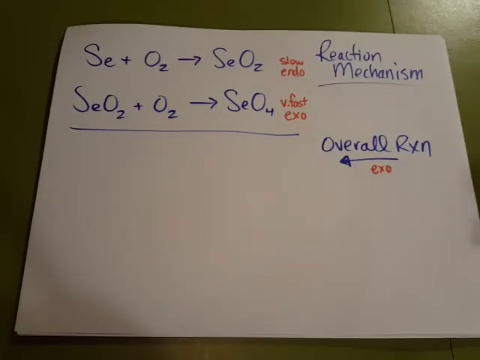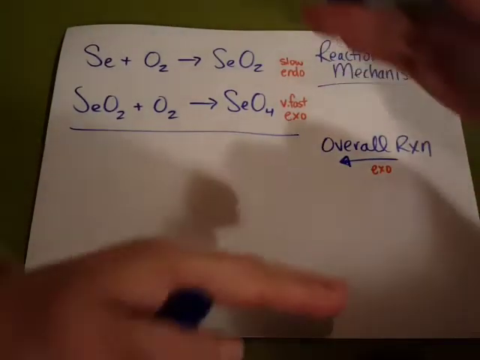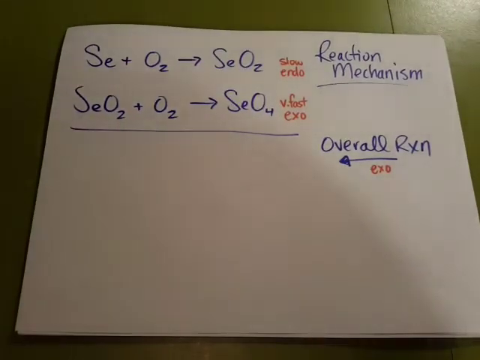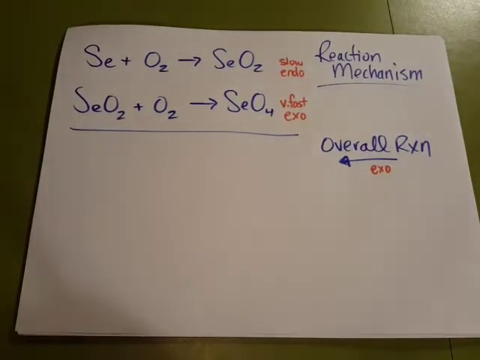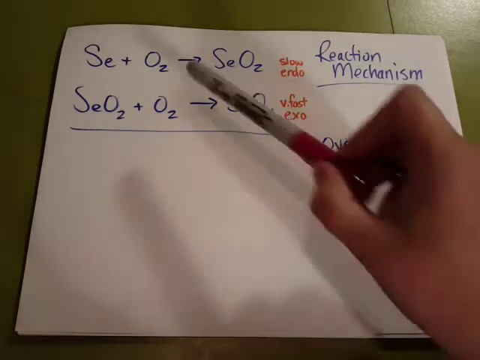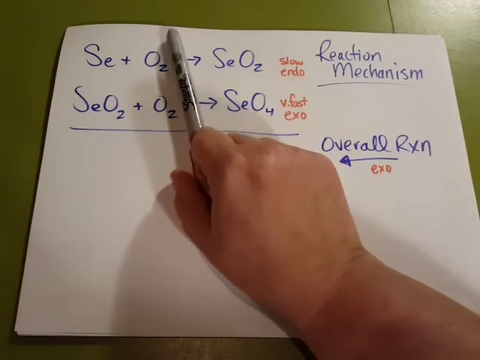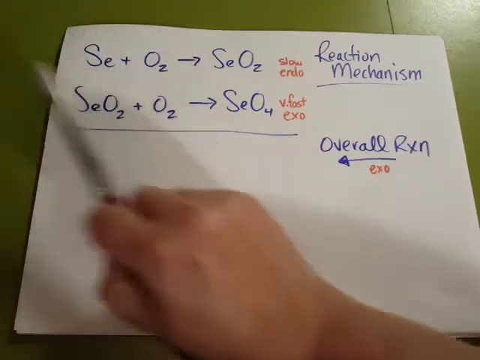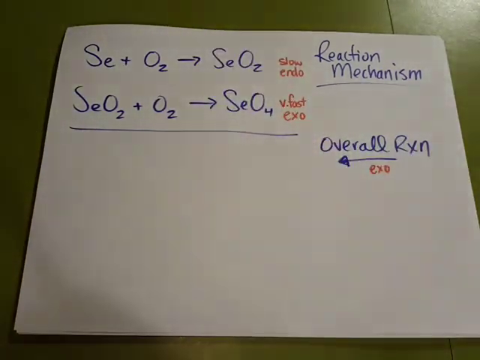So our job is to almost squeeze it down, gather like terms, if you want to think about it as algebra, and cancel out some things. Certainly this arrow is a little bit like an equal sign, where we'd speak to just reactants on this side and just products on this side.